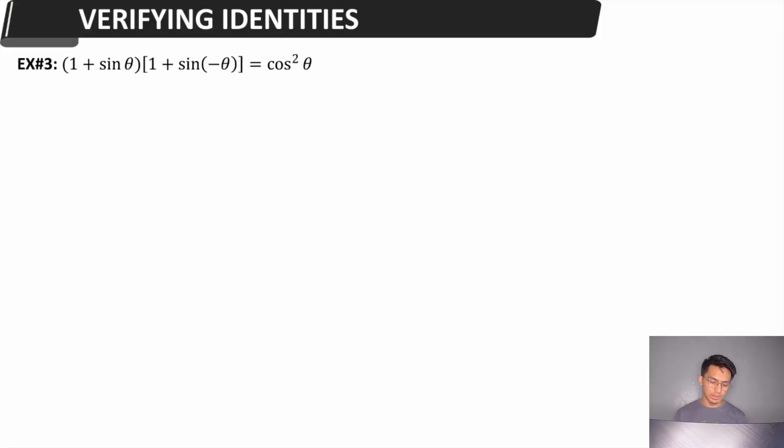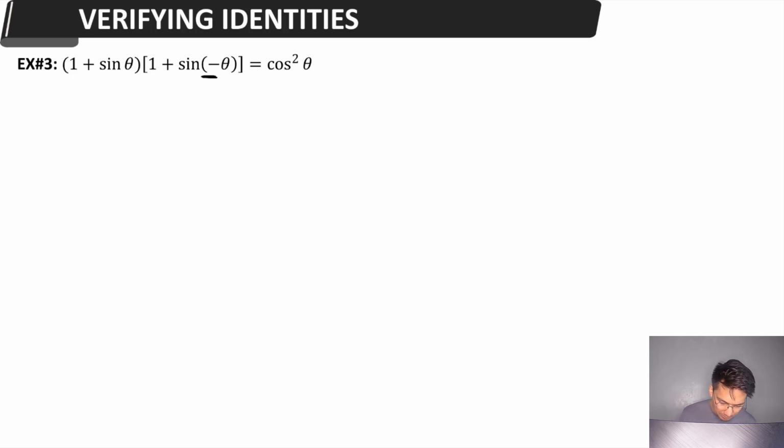Example number 3, given equation, quantity of 1 plus sine theta times the quantity of 1 plus sine negative theta is equal to cosine squared theta. Ngayon, mapapansin natin dito, meron tayong negative angle ulit. So, automatically, gagamitan natin yan ng even odd identity by the fundamental trigonometric identities.